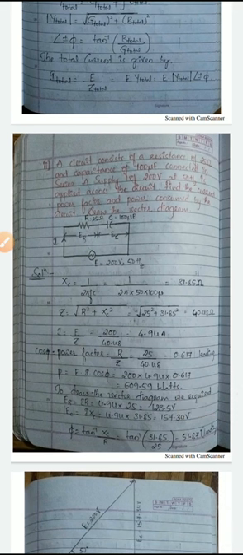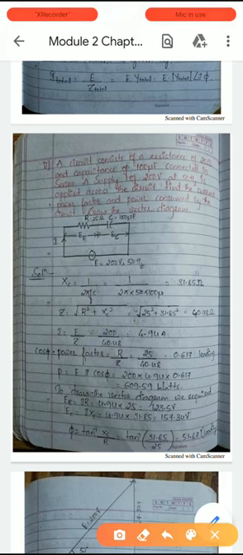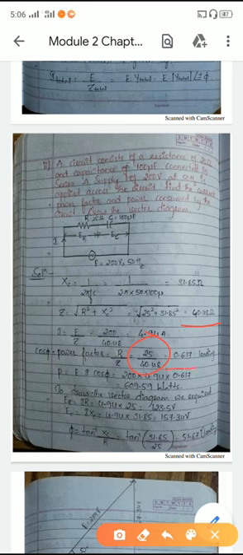Cos phi is equal to R by Z. We know R is 25 ohms and Z is 40.48. If we substitute 25 and 40.48, we will get 0.617, and as it is an RC circuit, the current will be leading, right?